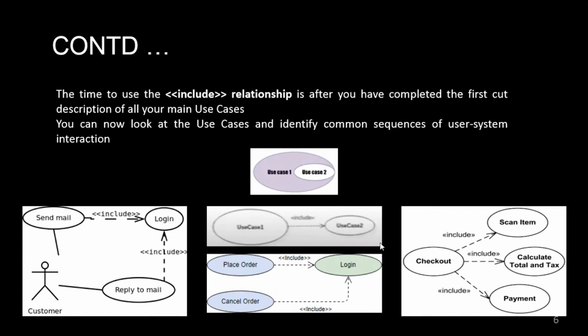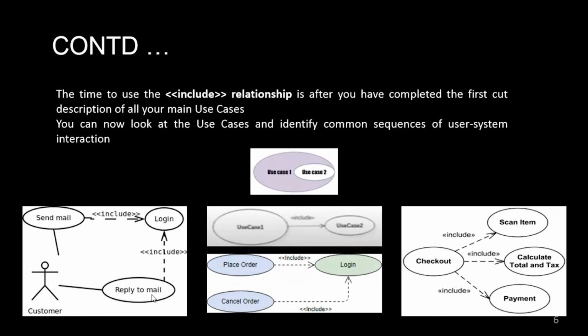The time to use this include relationship is after you have completed the first cut description of all your main use cases. You can now look at the use cases and identify common sequences of user system interaction. So you can say in the include relationship here, the send mail functionality is there, the reply to mail functionality is there.